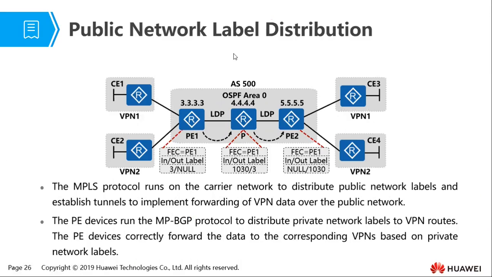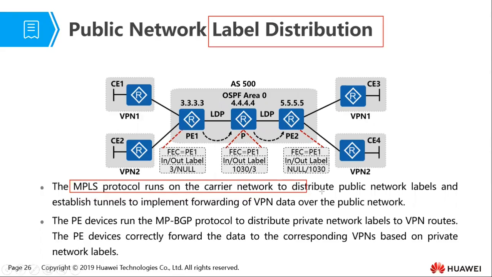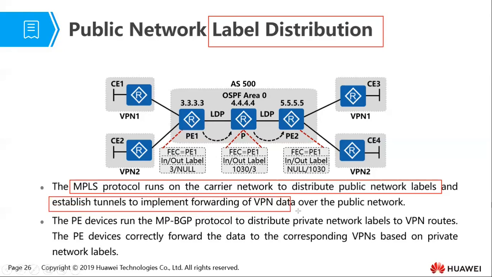Okay, then after that it is the label distribution using MPLS, of course. So label distribution is step number 3. The MPLS protocol runs on the carrier network to distribute public network labels. It establishes channels to implement forwarding of VPN data over the public network.